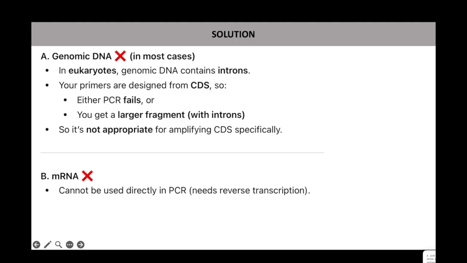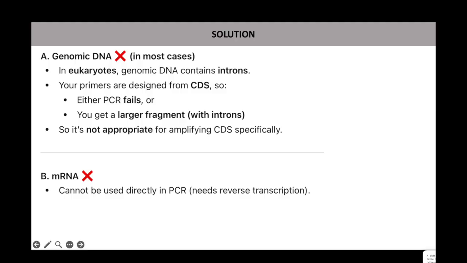That is why the amplicon size will be very high, and also there are chances that the PCR might fail, because the exact amplification will not take place as there will be some added sequences in that.